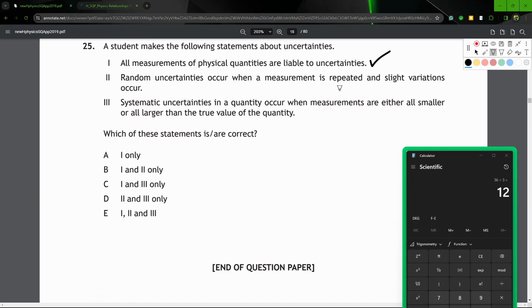Systematic uncertainties, well, that's when I've completely messed up and I'm reading the wrong thing on the meter stick, that means it'll be a systematic uncertainty. So it'll all be larger or smaller than the true value of the quantity because I've messed up, right? I'm holding the meter stick wrong. Instead of having it at 0, I've got it at 1 meter, right? So yeah, all these statements are correct. It should be E.